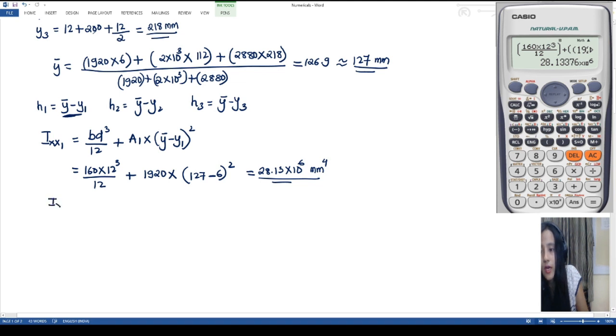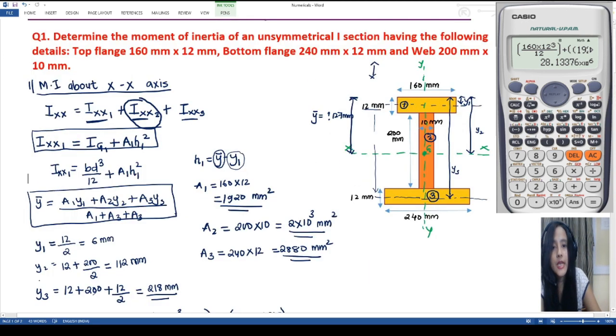So Ixx2 will be equal to BD cube by 12 plus A2 into h2, where h2 is equal to y bar minus y2, its whole square. How much is my B here for the web portion? B is equal to 10 and its depth for the web portion is 200.